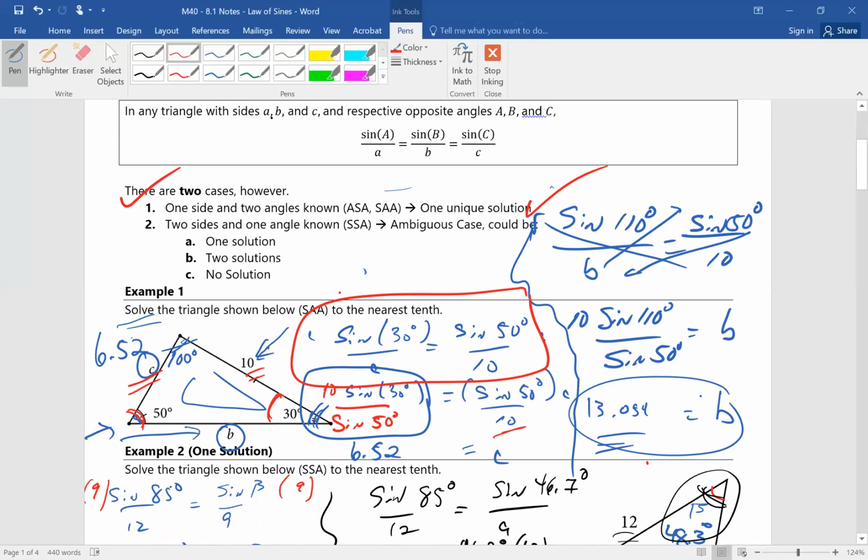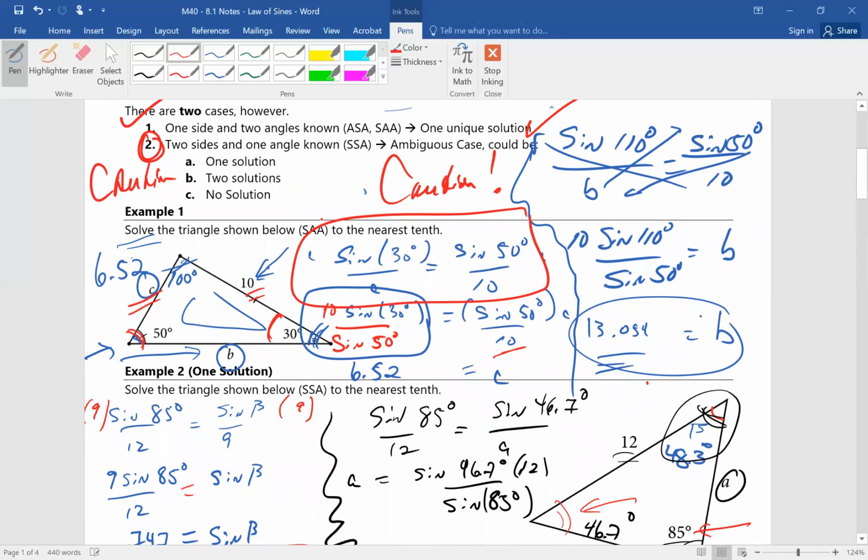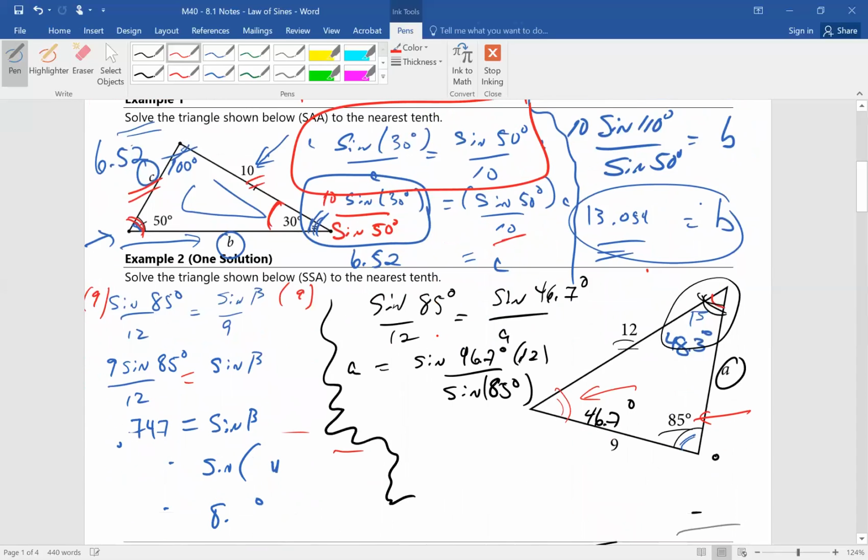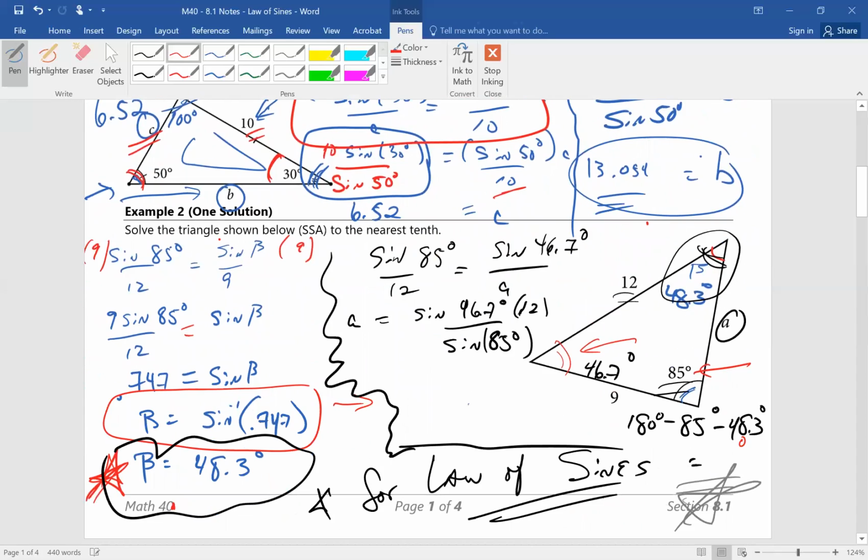However, caution here. For number 2, you want huge caution in the fact that when you only know 2 sides and an angle, side-side-angle, there are 3 possibilities. You can have 1 solution, 2 solutions, or no solutions, and we've gone over those. Example 2, 1 solution.